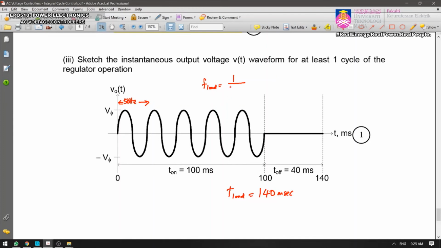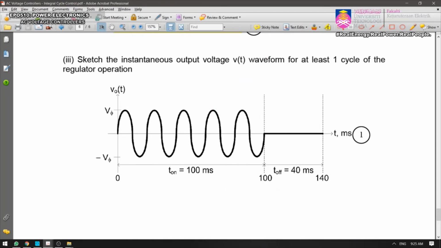So just divide by 140 milliseconds, and that will give you the output frequency. Okay, so that is very much what integral cycle control is.